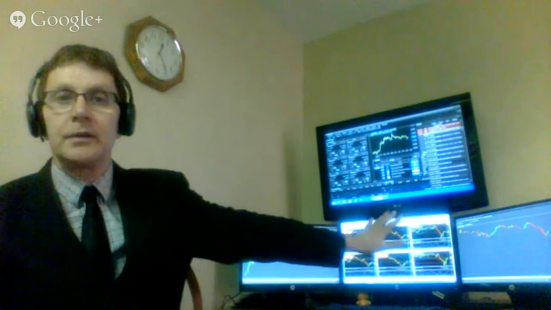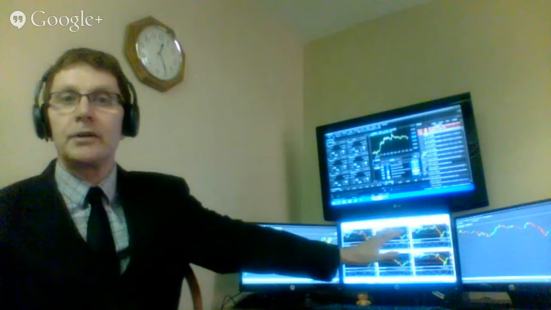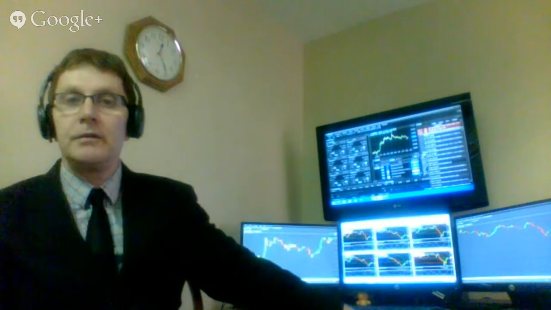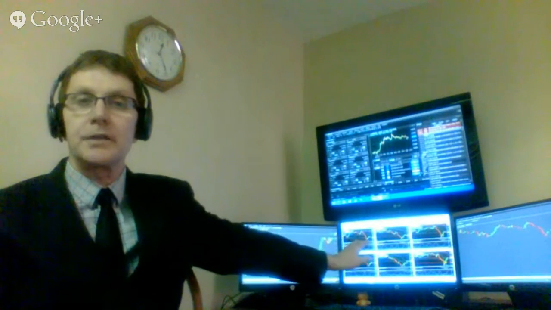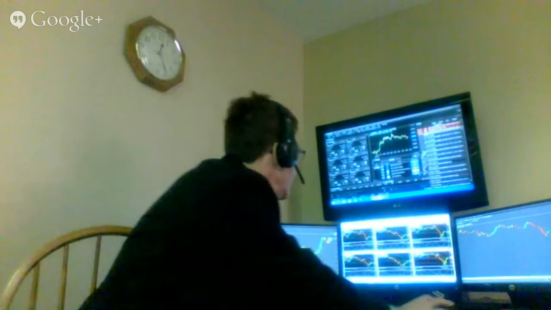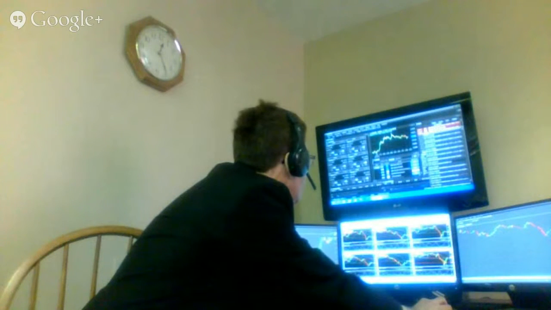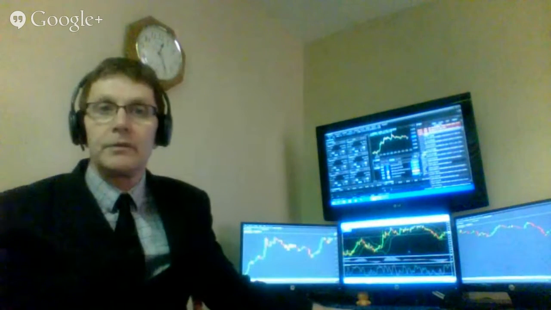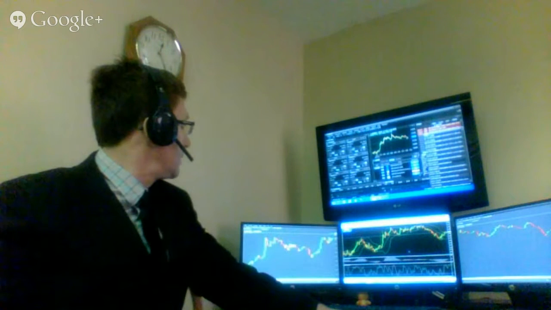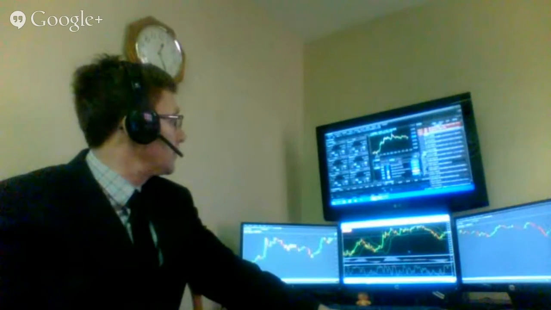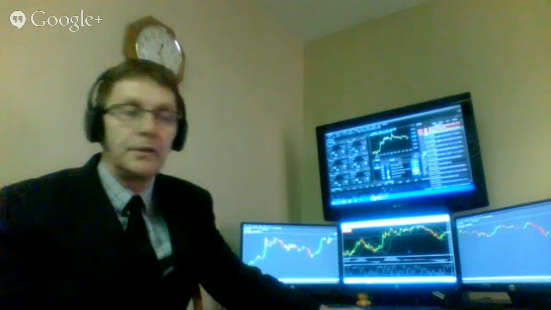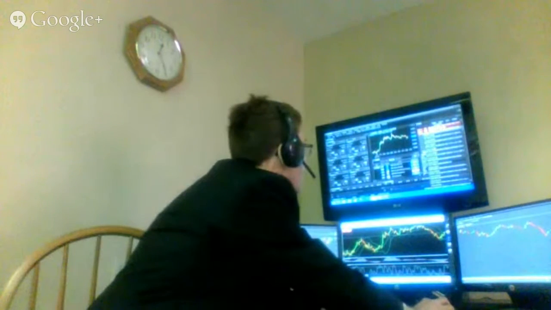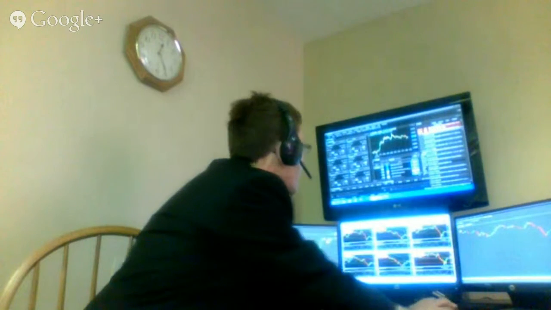In the background here, you can see all the tools that I have. I call it my traders station. In the middle, I have 6 charts set up, and I'm prepared at any point to pop one open, for example the British pound Japanese yen, have a look at it full size, and then when I'm done, reduce it again.